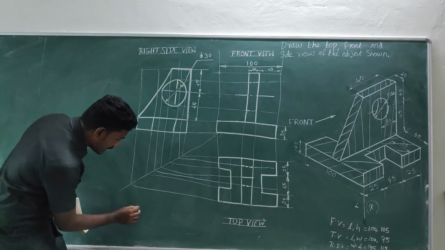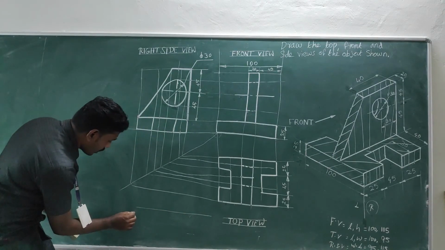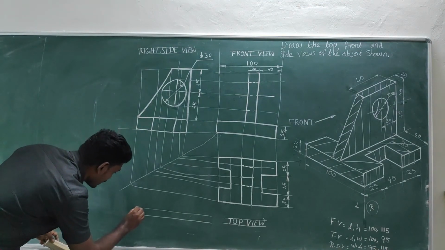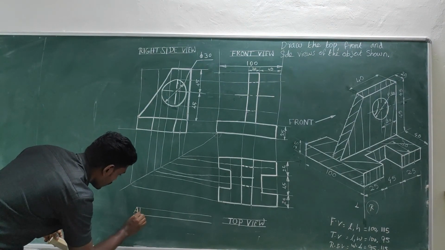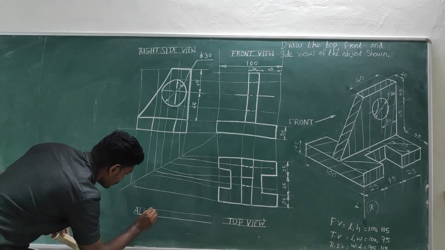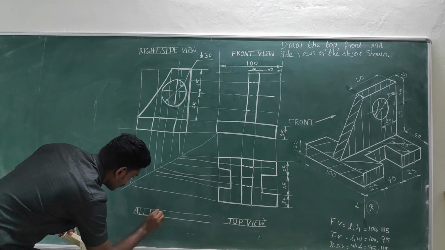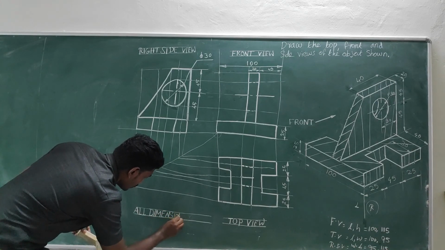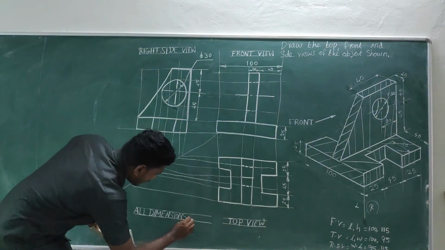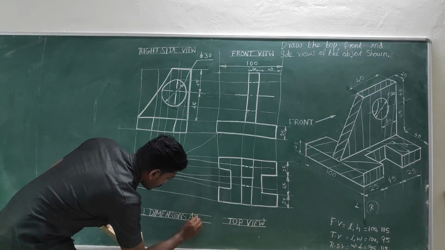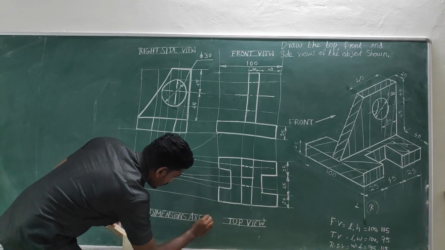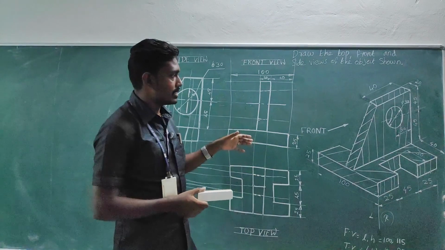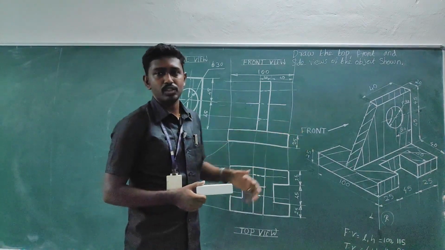So here below the diagram, you have to draw guidelines like this with a 5 mm gap and write: all dimensions are in mm. Okay, I hope you understood how to extract the views from the given pictorial diagram.